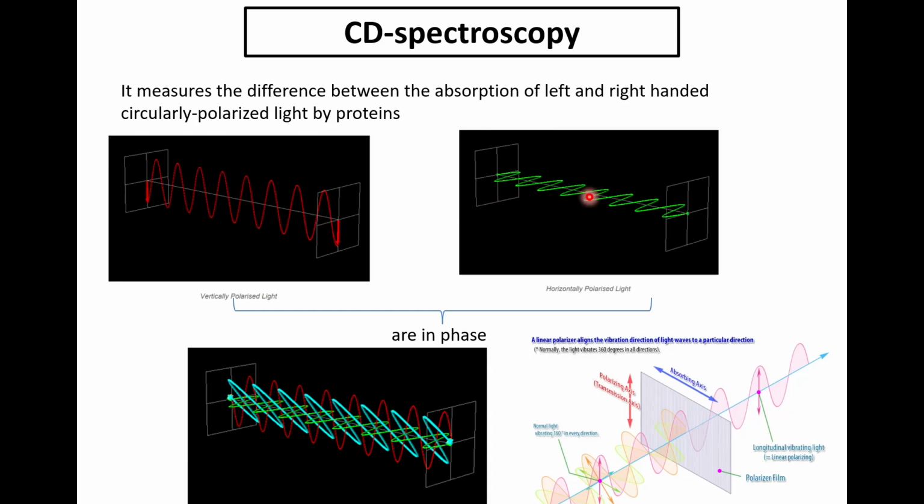So if these two waves are in phase, then the resultant wave is at 45 degrees with respect to these two waves, because if you consider this is one axis and this is another axis, the resultant vector between them is at a 45-degree angle. You will have this linearly polarized light.